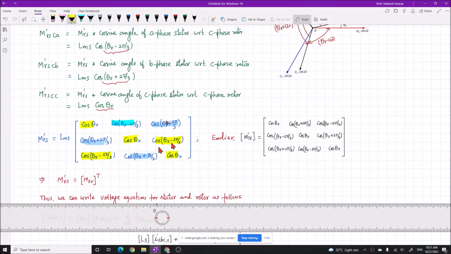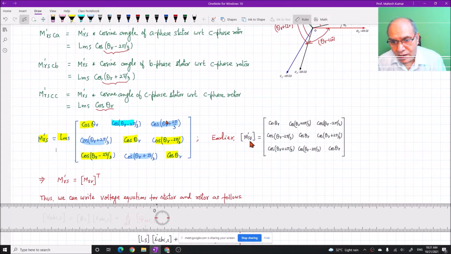So what do you see? The MRS dash matrix equals LMS into all these elements. And earlier we found the MSR dash. MSR dash equals these elements into LMS. Please add LMS here.